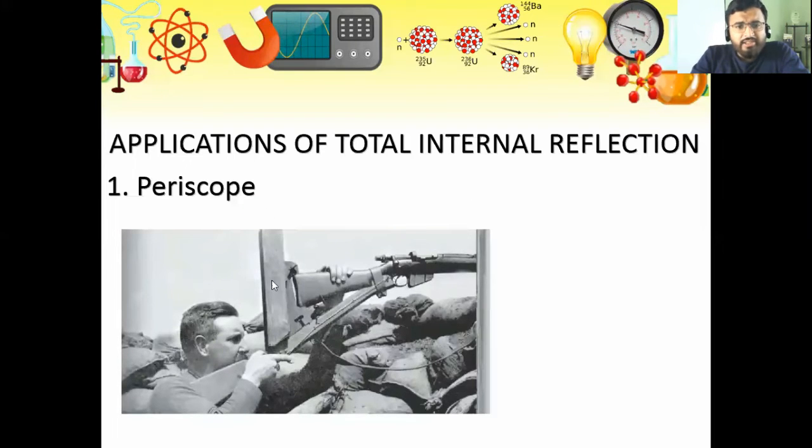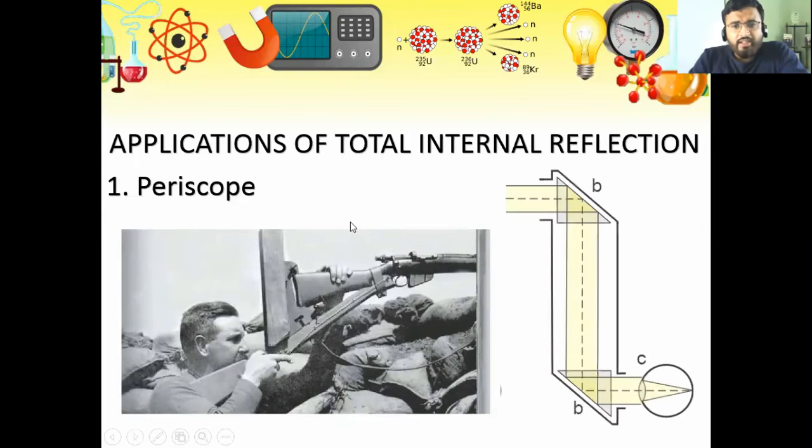In his cylindrical object, there are two reflecting prisms. So the light ray is incoming and the prisms are arranged in such a manner that no light is refracted, all the light is reflected back, just like total internal reflection.